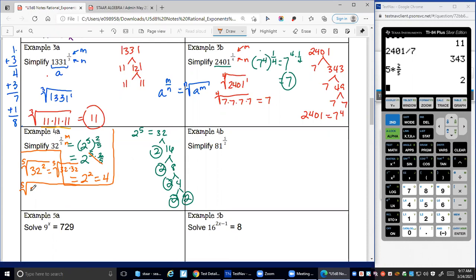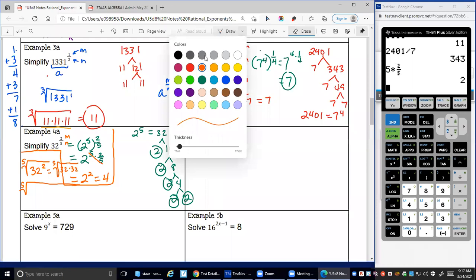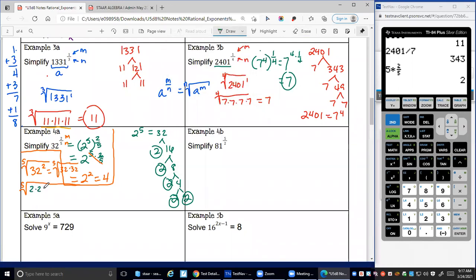Wait, I'm sorry, not 5s. What should I have done instead? 2s. I'm waking up. Okay. Let's do 2 times 2 times 2 times 2 times 2. That's for one of the 32s, right? And I'll multiply it times another: 2 times 2 times 2 times 2 times 2.